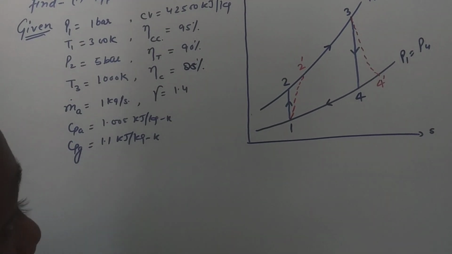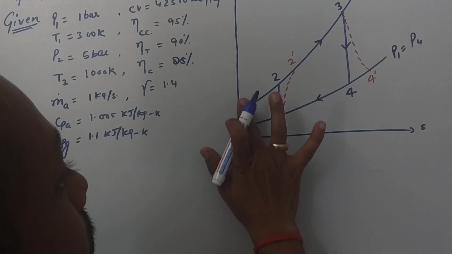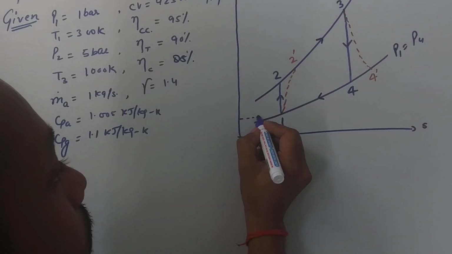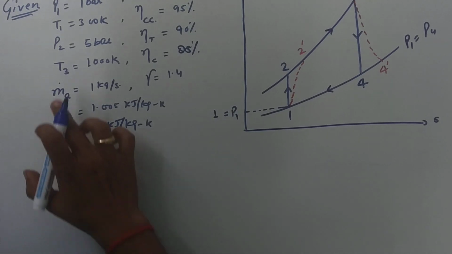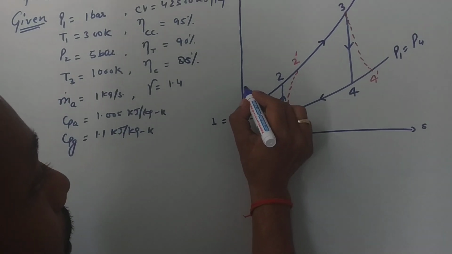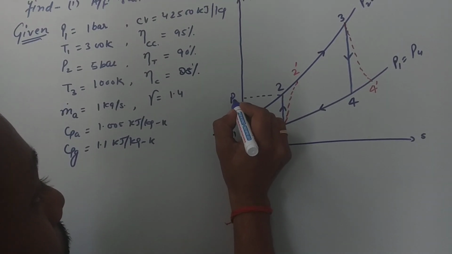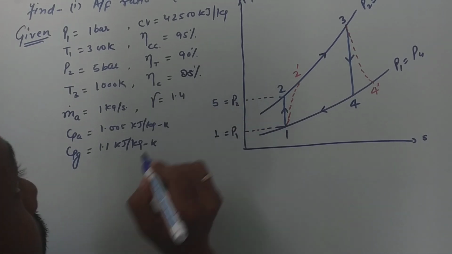At point 1 the pressure P1 is 1 bar, and at point 2 the pressure P2 is 5 bar.